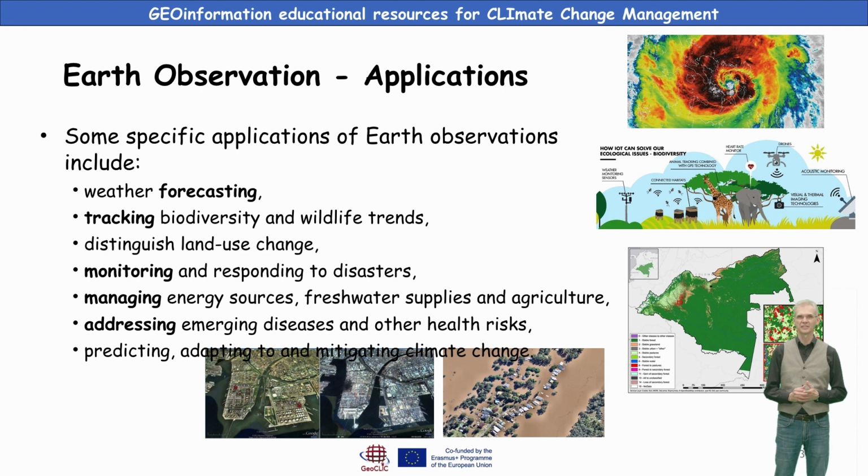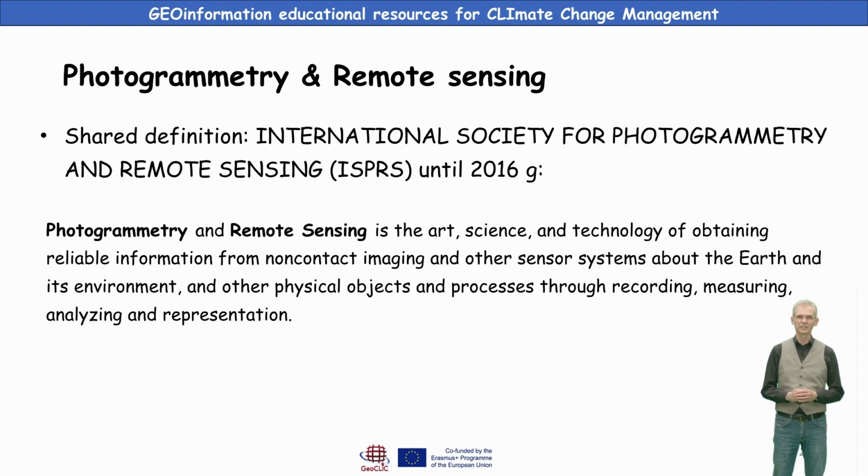So, the main idea of Earth observation applications is to capture in a very short time an abundance of data on a large area. This can only be achieved by remote sensing methods. The umbrella organization that unites experts in the field of photogrammetry and remote sensing, ISPRS, defined these two fields of science with a common definition until 2016.